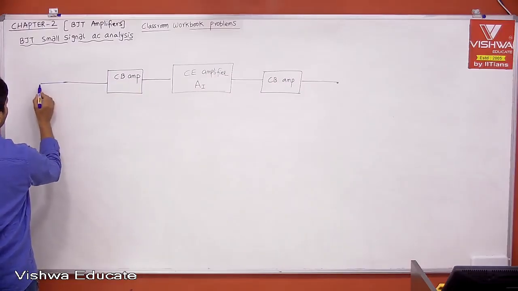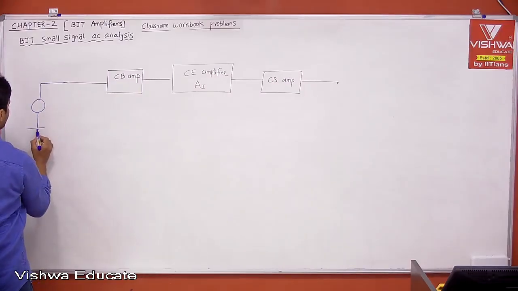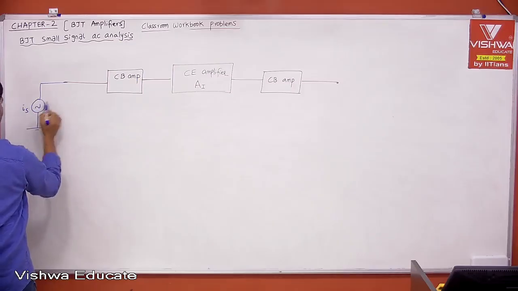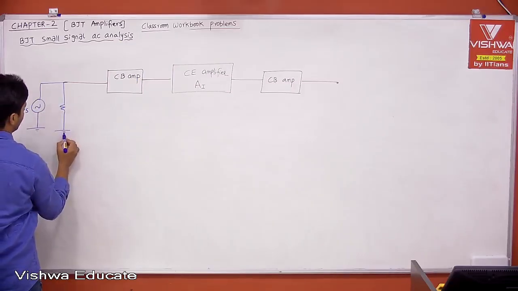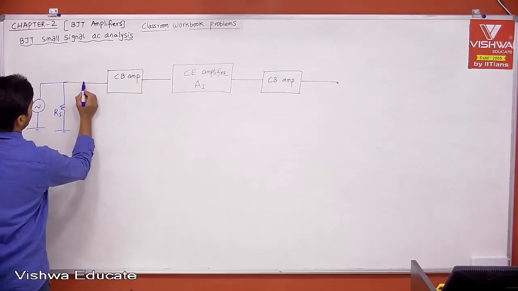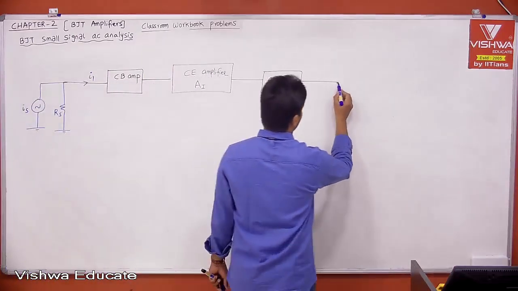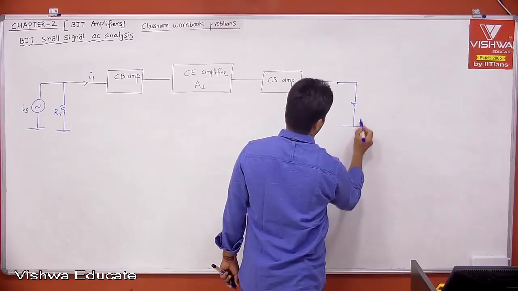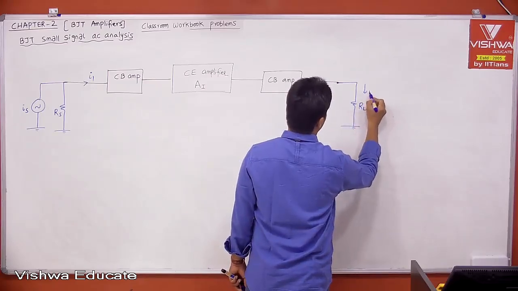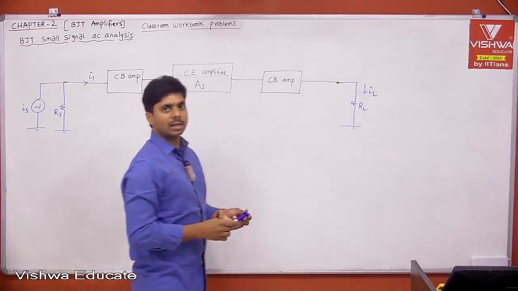Therefore, when I say current amplifier, we need to excite with a current source. This is your IS, this is your RS, the current entering the common base amplifier is I1, and the load is connected here, and the current entering the load is IL.